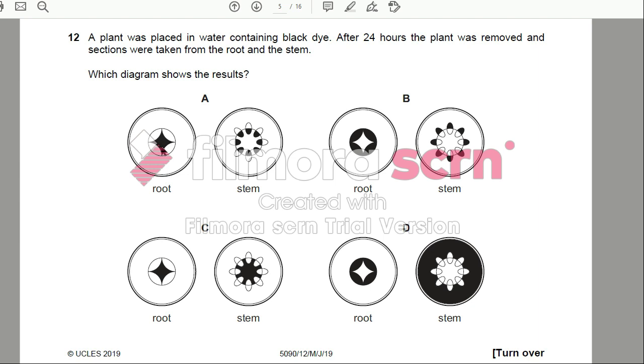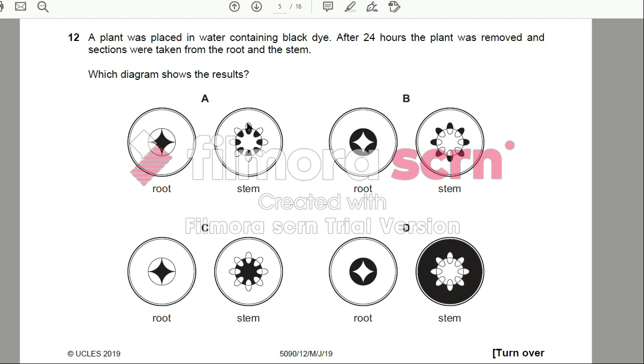Outer parts are of phloem which are unstained. Again in stem, its vascular bundle in which the inner area is stained black, that shows the presence of xylem tissues, and outer part shows the presence of phloem tissues.